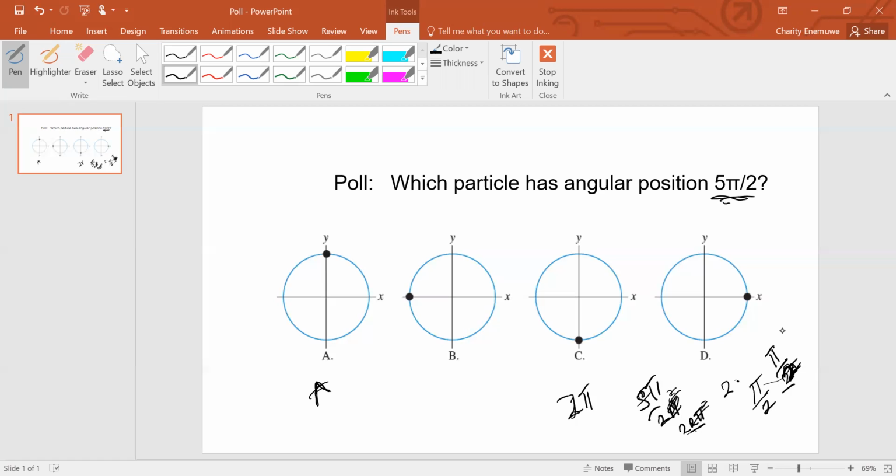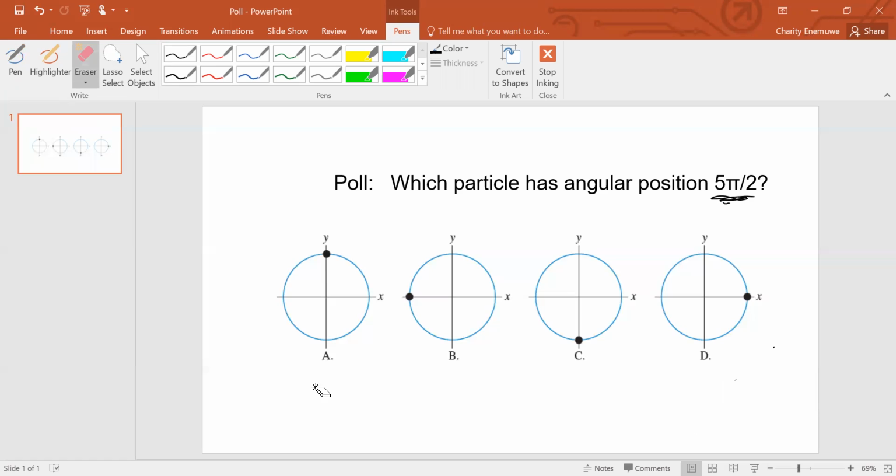I believe we understand how we arrive at A. How many revolutions are we going to get in 5 pi over 2?